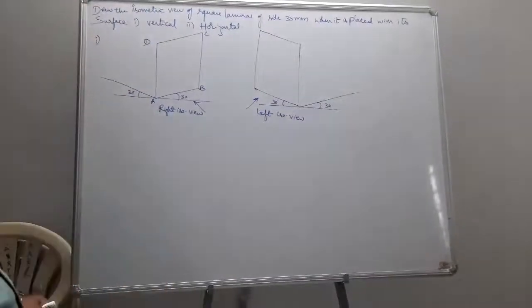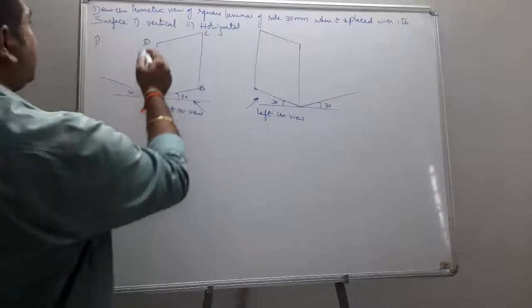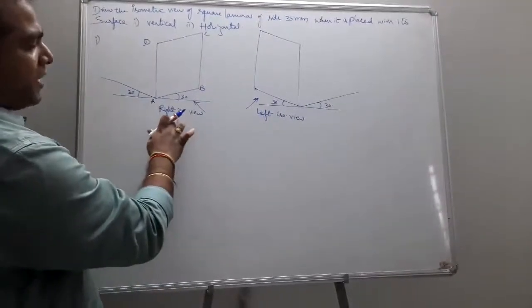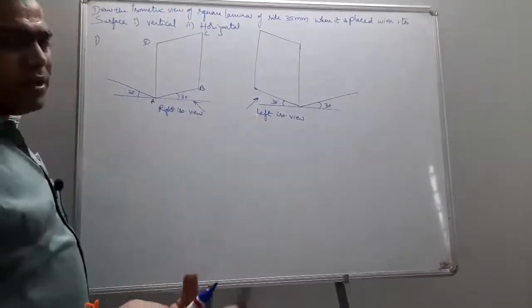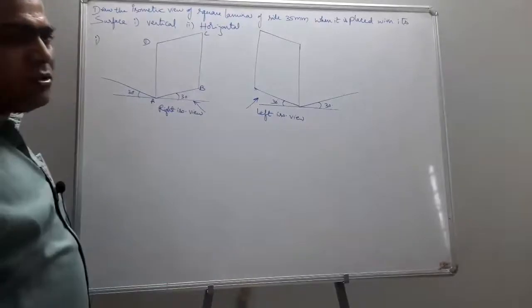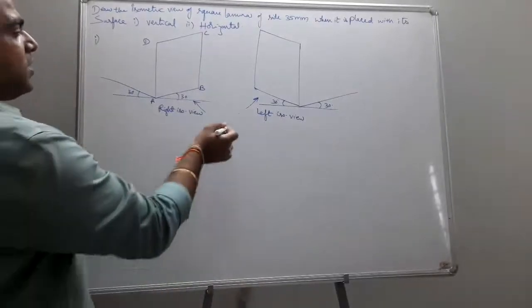So this was the first condition, vertical. Having two conditions, you go for either right side isometric view or left side isometric view. There is no constraint, so both answers are correct. Either you consider left or right.